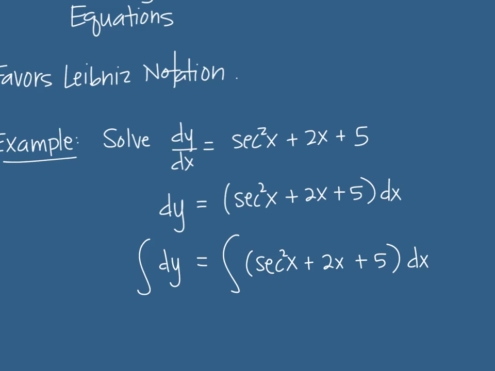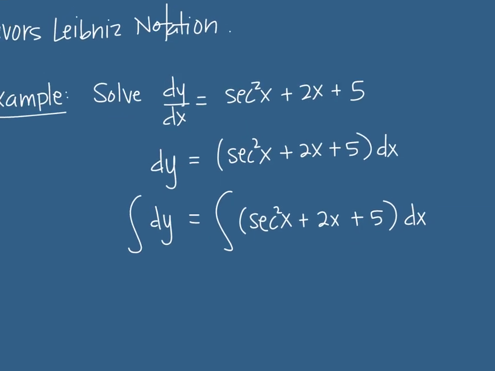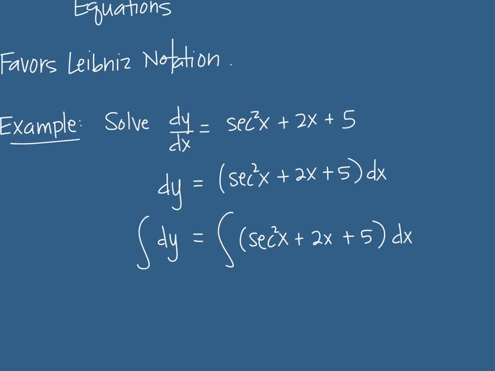On the left side, the integration of dy is just y plus what we would call constant 1, because every integral produces an extra constant. On the right side, each piece has its own integration. Does anybody want to try each piece? Okay, tangent x, then what?